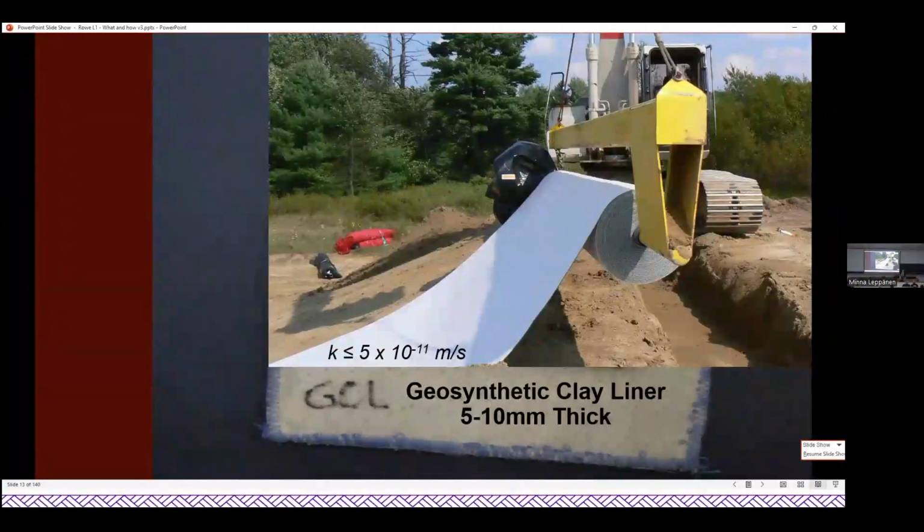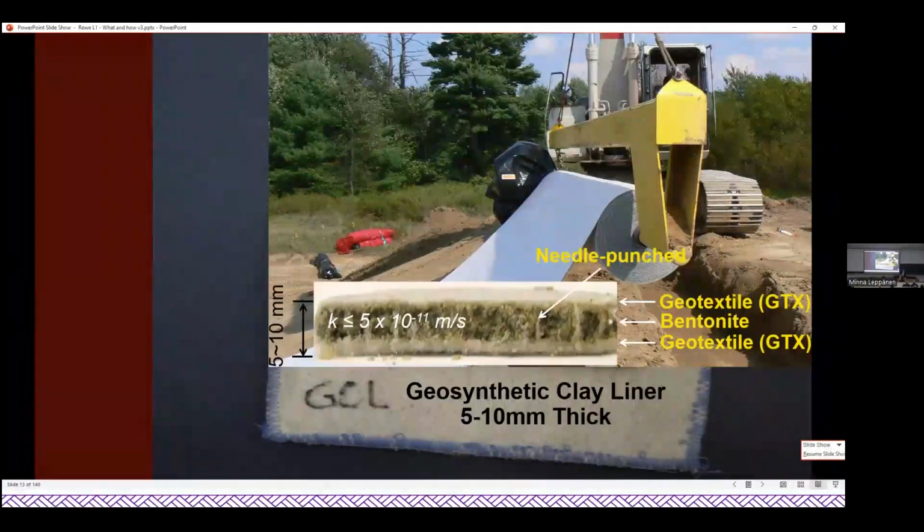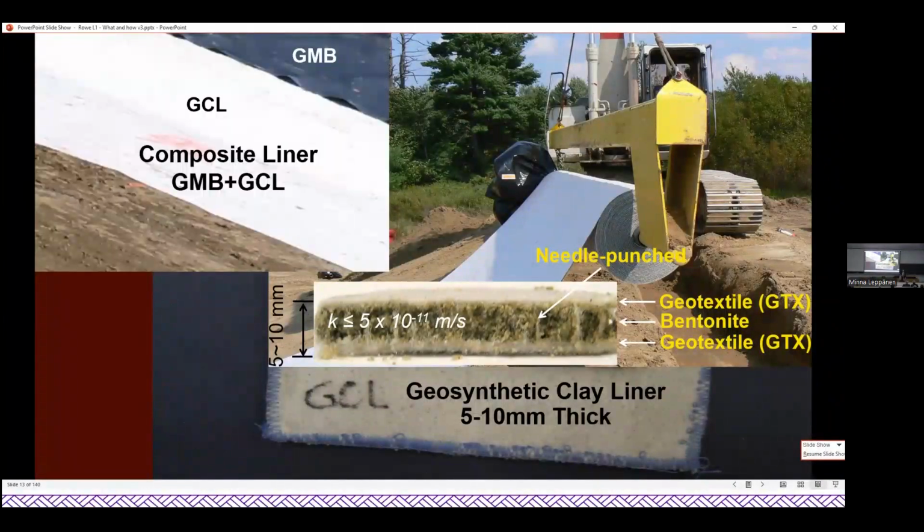And here we see a GCL, a geosynthetic clay liner, coming on a roll. It's a layer of bentonite, a natural clay, which is sandwiched between, in this case, 2 geotextiles and held together by needle punching. And we can use these materials together as part of a composite liner.